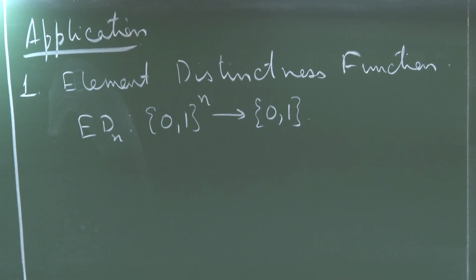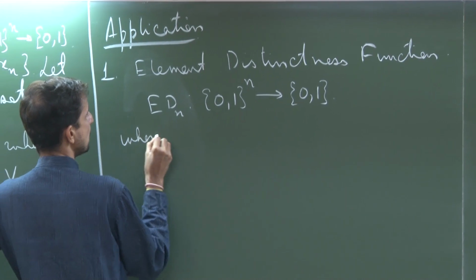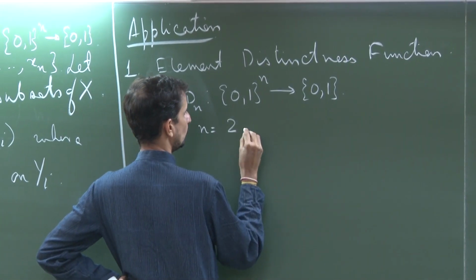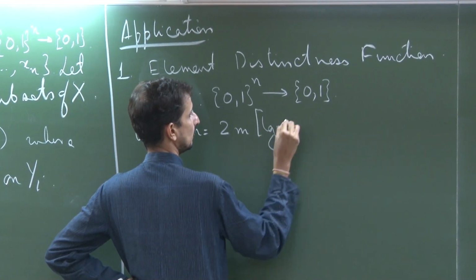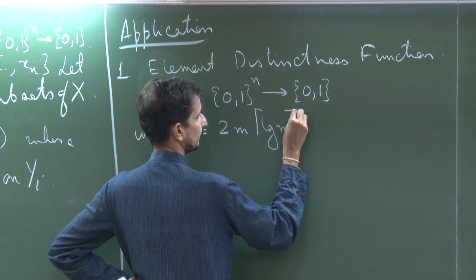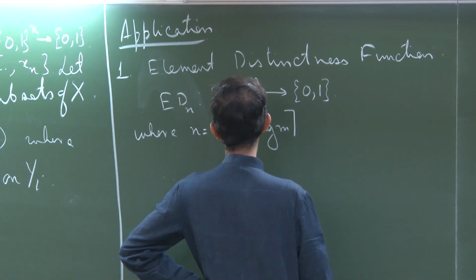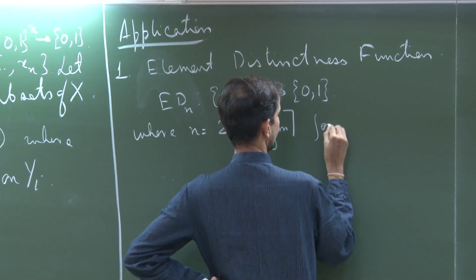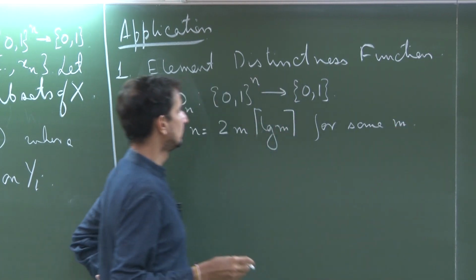So, how do we define this? Where n equals 2m ceiling of log m, for some m.